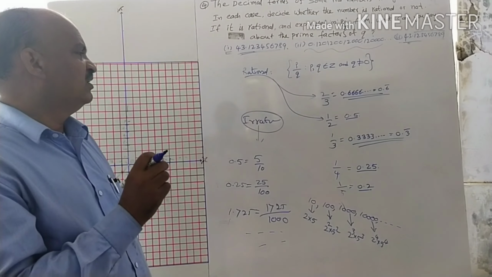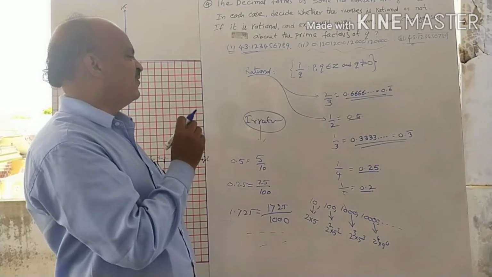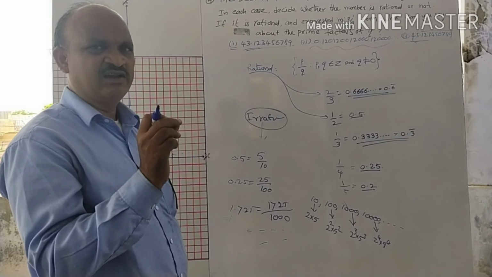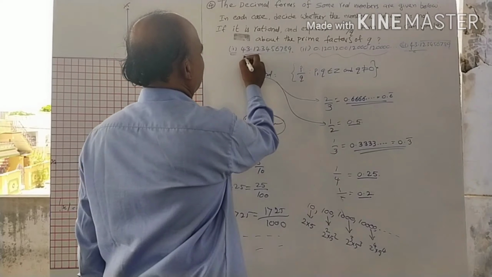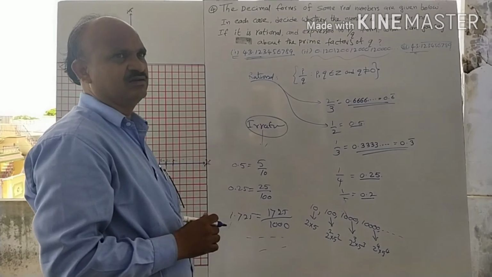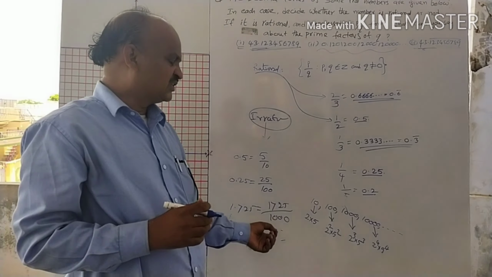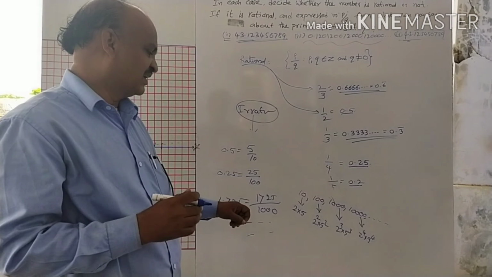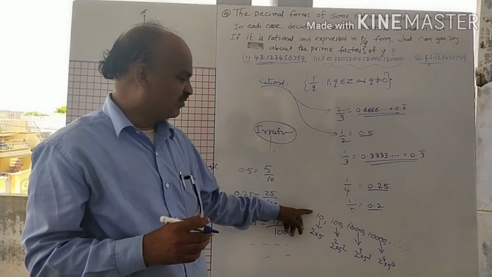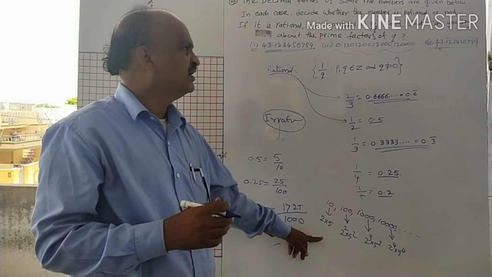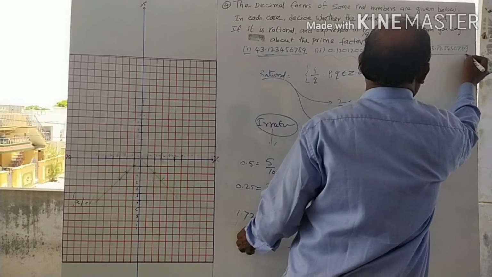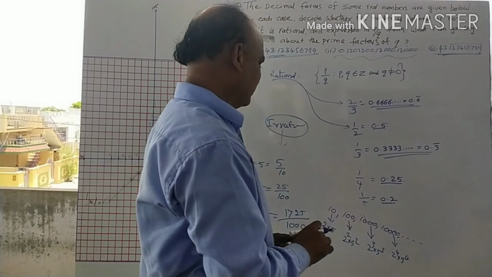Vice versa, if the prime factorization of the denominator has 2 and 5 only, then it is a terminating decimal. If there is at least one prime factor in the denominator other than 2 and 5, it is a non-terminating recurring decimal.